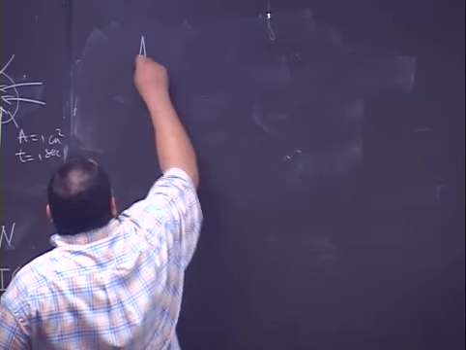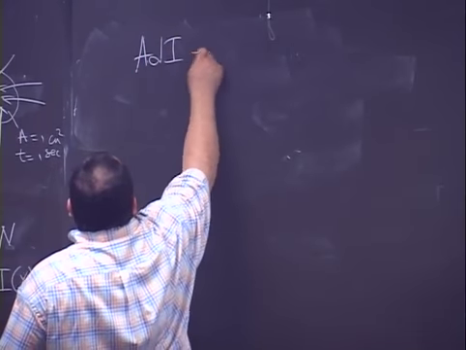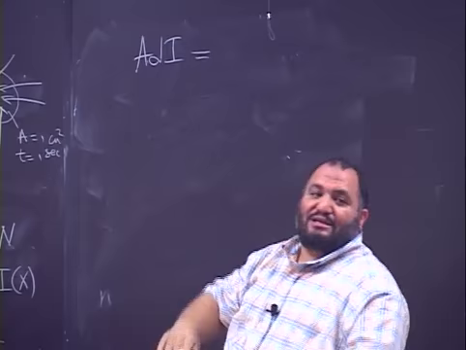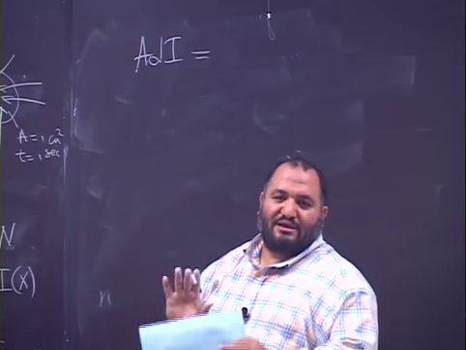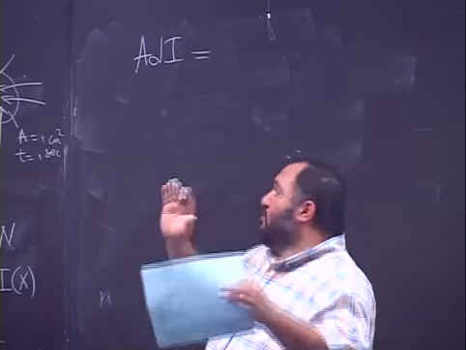But I have the whole area A, so I want to calculate how many neutrons interacted in the whole area A. So this is A multiplied by dI. This is the total number of neutrons interacted in the whole area per second. Yes? Total number of neutrons interacted in the whole area per second.